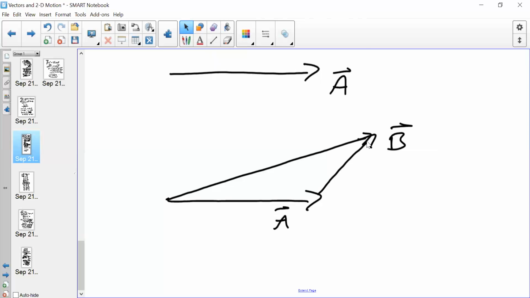That is the geometry of the addition of A to B.